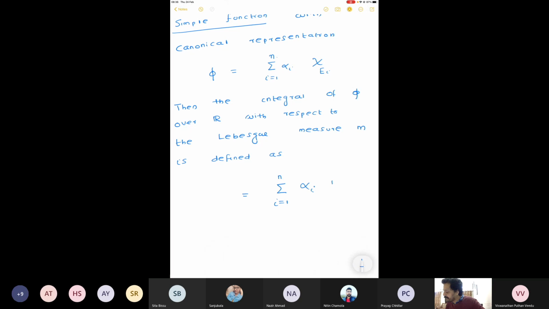So I will multiply this with the quantification of that set, namely the measure of Ei. And this will be denoted by the integral over R of phi dm. Integration is with respect to the Lebesgue measure.